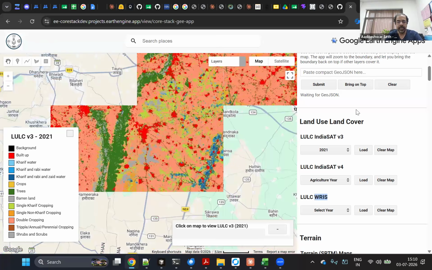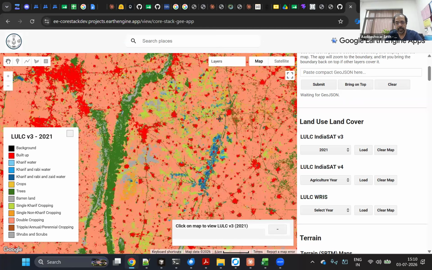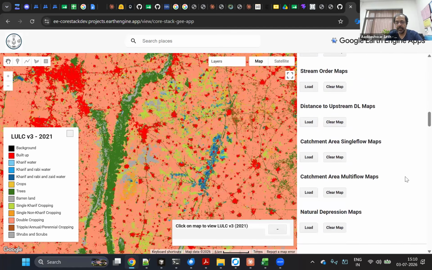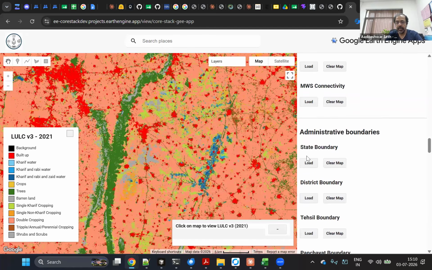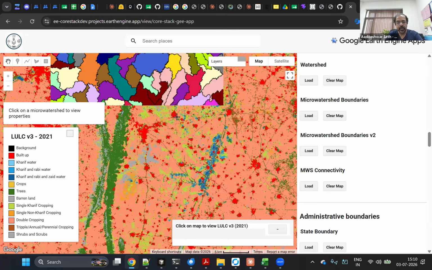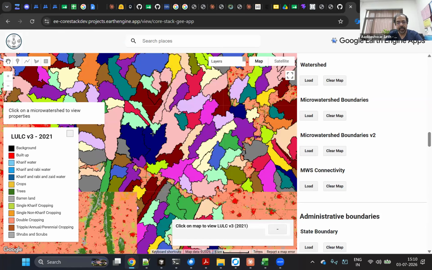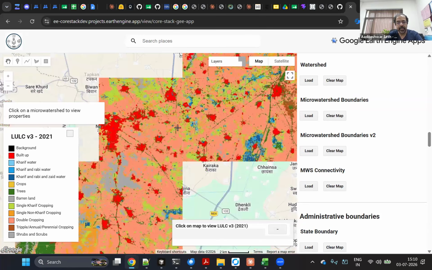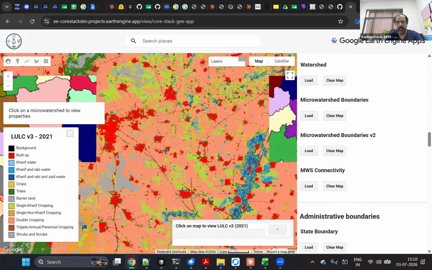What the pipelines did is that they used these base rasters and intersected them with micro watershed boundaries. So they intersected that in this micro watershed, how much area is under single cropping, double cropping, triple cropping, and so on.